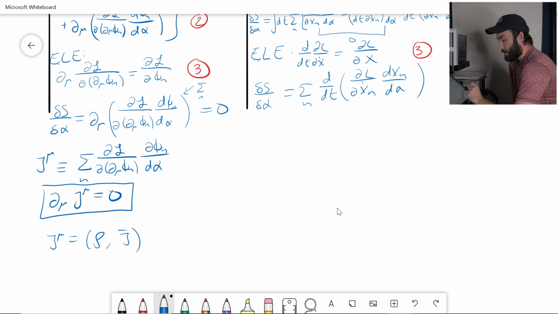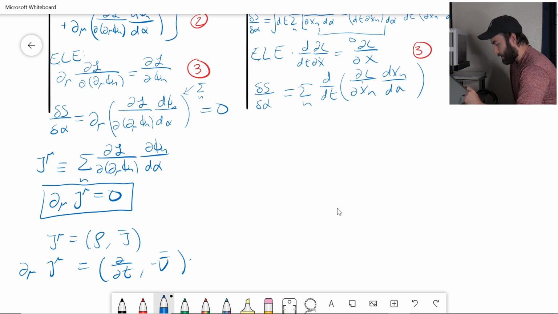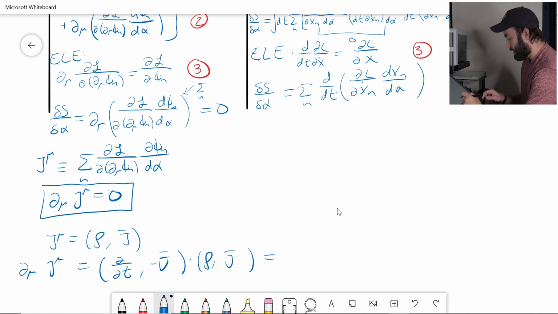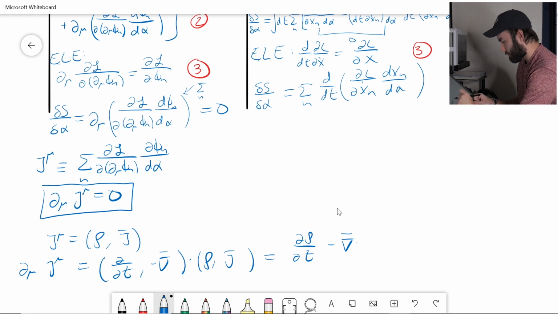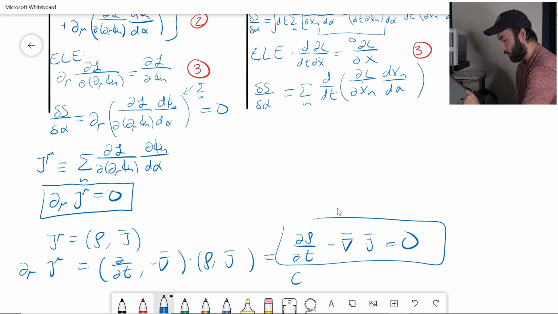Then when we apply this derivative term, d_mu j^mu is equal to d/dt minus gradient dotted into rho and j, which gives you d rho dt minus the divergence of j is equal to 0. And what is that? That's just the continuity equation.